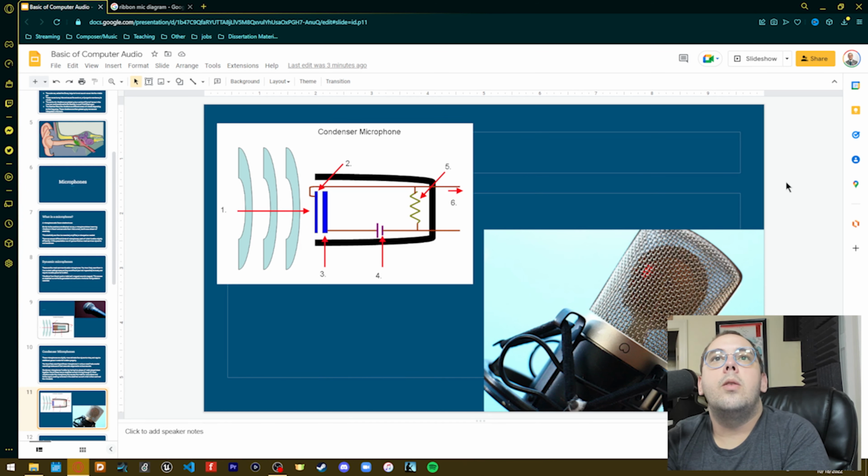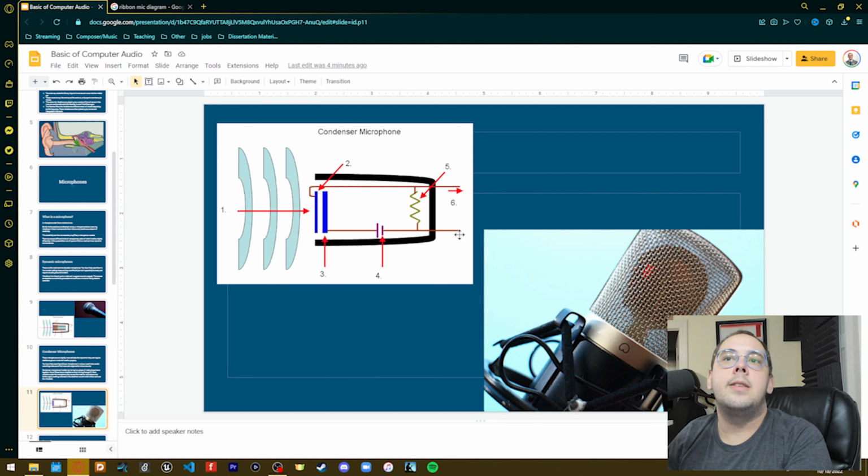So what we're going to do is we're still going to have the incoming sound waves hitting a diaphragm. That's the same thing. But instead of having wires wrapped around a magnet, we're going to instead have a circuit here that is energized.